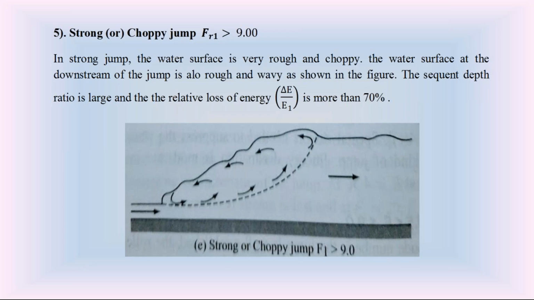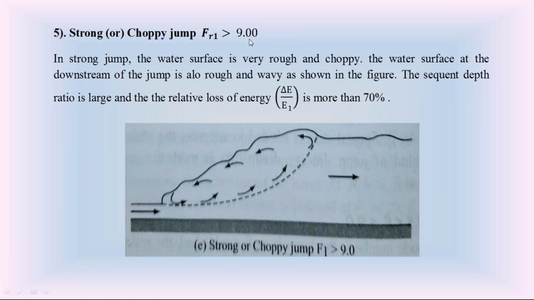Because of the opening of all gates, we have this strong hydraulic jump at the bottom of the spillway. For this hydraulic jump, the Froude number FR1 is more than 9.